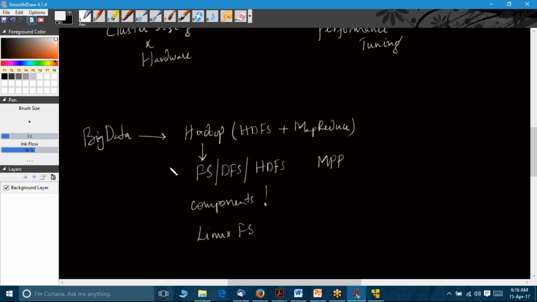The reason why all these have been discussed is that this forms the base or the foundation to all our coming days' learning. And I also mentioned something about FUSE, that is, file system in user space.